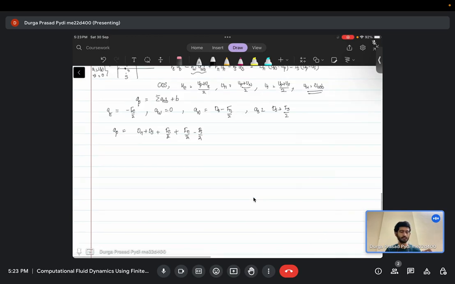Now if you were to write it in our original form of sigma A and B, this boils down to Dn minus Fn by 2 plus Ds plus Fs by 2 minus Fe by 2. We don't have a west coefficient, so plus 0, plus Fn by 2 minus Fs by 2 plus Fe by 2 times we have the same term here.